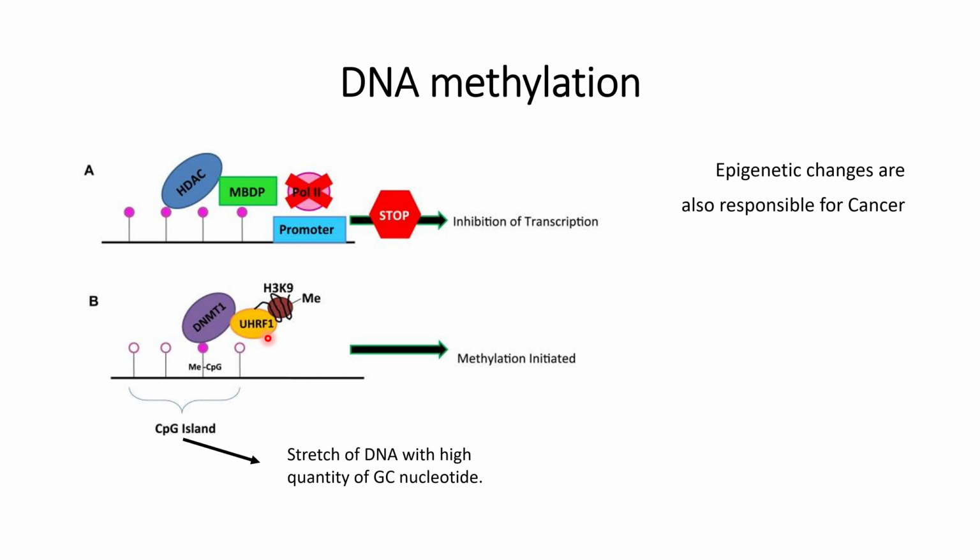UHRF is a ubiquitin-like protein that has a ring structure and another structure that I'm not able to recall right now, and they both can form a methylation structure at the position H3K9, that is histone H3 at lysine 9, and these residues are methylated.